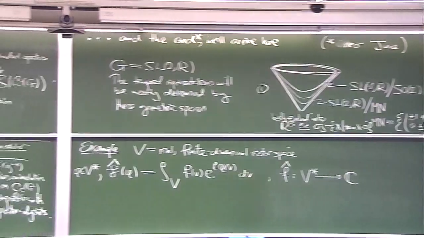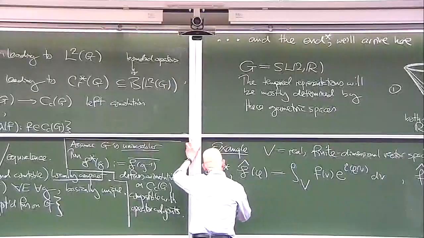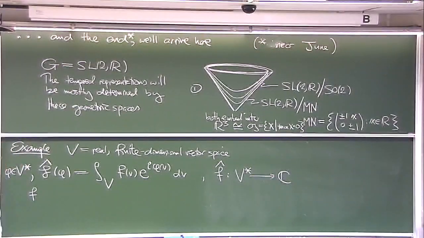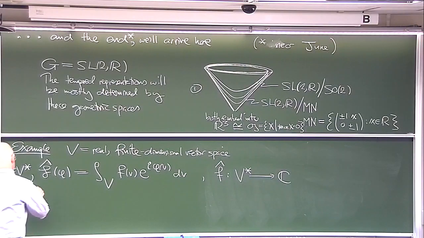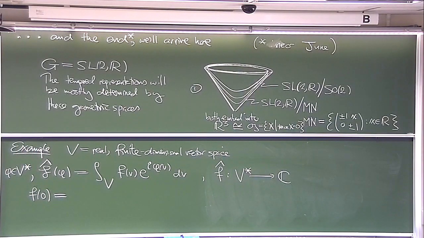This has been studied quite a lot, as you know. And let's see, what do we know about this? There's the famous Fourier inversion formula, which tells you how to reconstruct a function, for example, the value at 0, out of its Fourier transform.